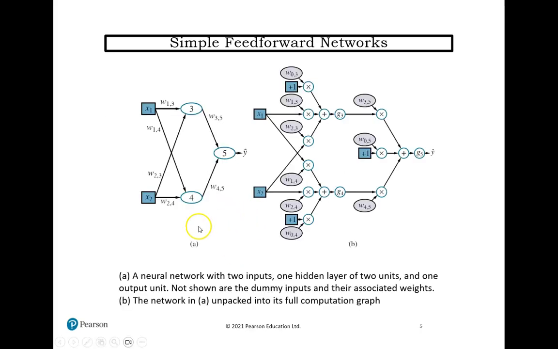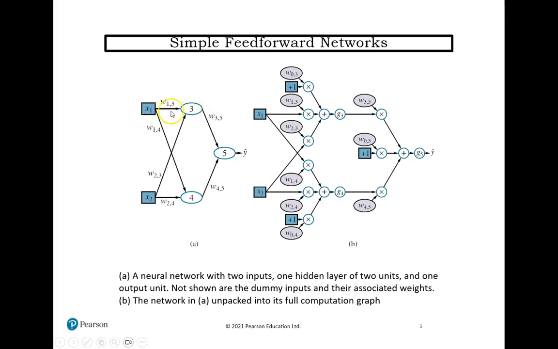So this is an example of a network. x1 and x2 are the input layer, so we have two inputs here. Then we have one hidden layer, which has nodes 3 and 4, and then one output layer, which is node 5, and its output is y hat, which is the predicted value, whether it's regression or classification. As you can see, node 3 has two inputs.